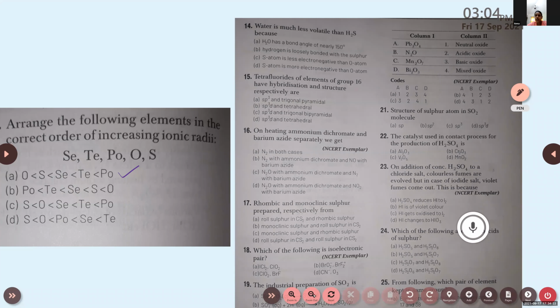Sulfur atom is less electronegative than oxygen. Very good. Sulfur atom is less electronegative than oxygen atom. That's the correct answer.